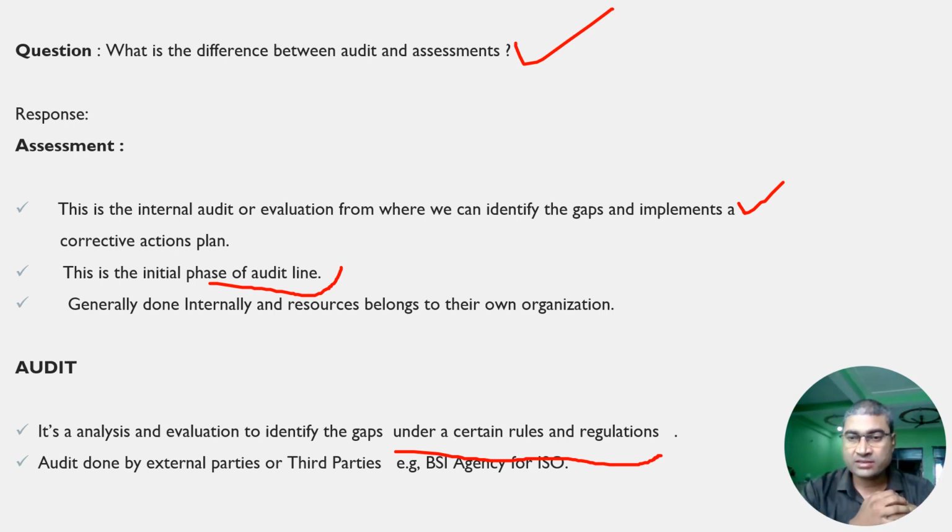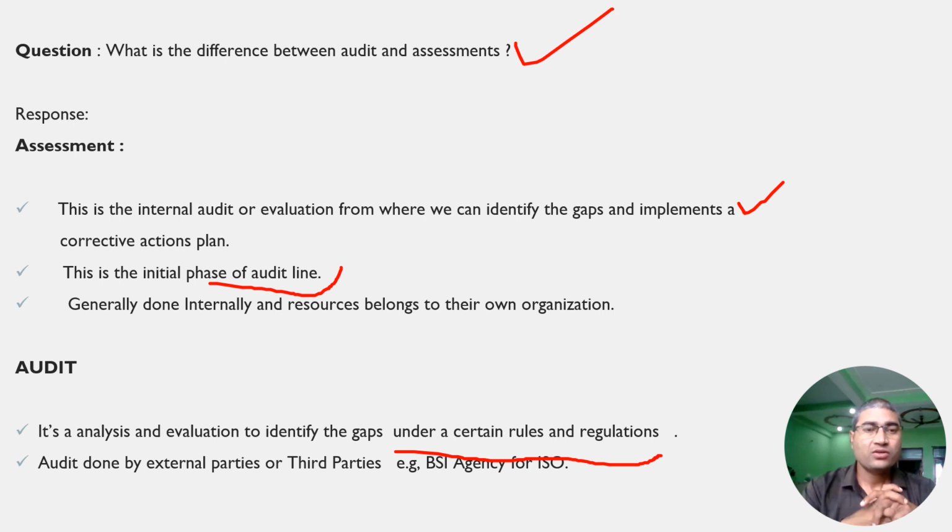Example, BSI agencies or ISO, right? Because coming back to the first line, guys, under the umbrella of some regulators or some international standards like ISO, like PCI DSS, right, we are doing the audit. So under certain rules and regulations, we are performing the audit, right? But if we talk about the assessment, then rules and regulations we generally don't adhere to.